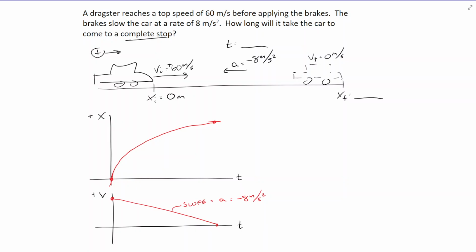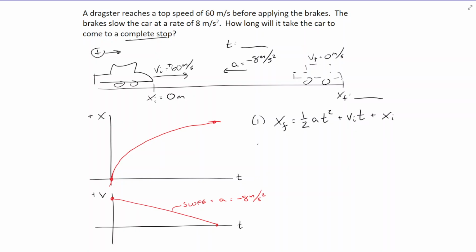All right, so where do we go next? Well, a good strategy is to organize the variables we have. We really have two equations that model motion. We have a position function, which is really the parabola. It's a t squared function, 1/2 at squared, plus the initial velocity times time, plus the initial position. So that's our position function. Let's just call that equation 1.